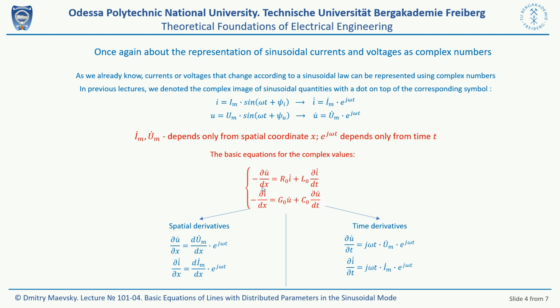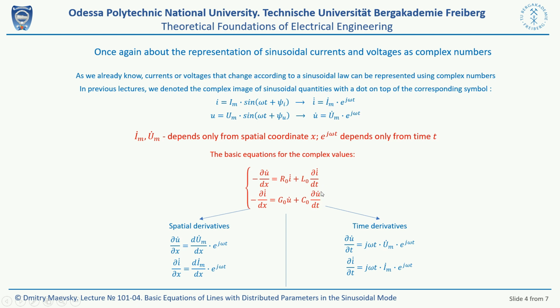Look, according to the telegraph equations, we must find the partial derivatives of the complexes of instantaneous values of current and voltages with respect to the spatial coordinate and in time.